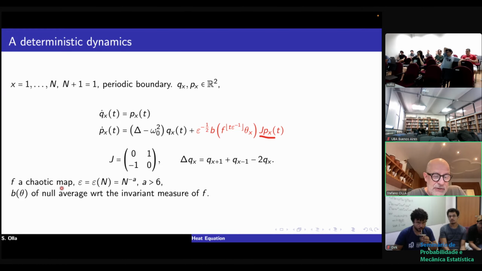So let me tell you something more about this map F. You see, this is the integer part of t minus 1, because the map jumps at deterministic times. And there are two possible cases. The easy case: you take a smooth map on the interval, from the torus to the torus, for example you double x to 2x.